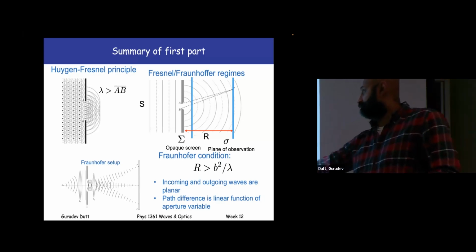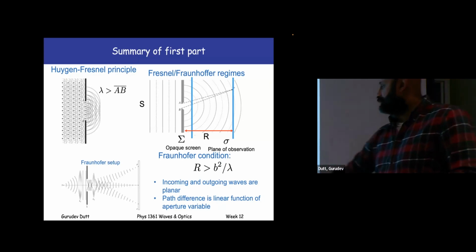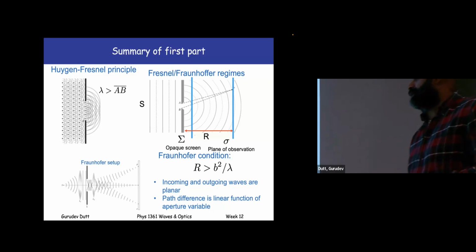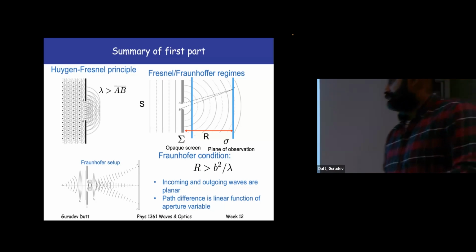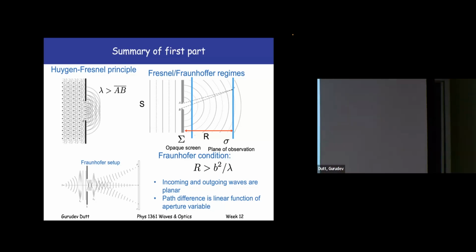We derived the condition that the distance to the screen has to be greater than b squared over lambda for Fraunhofer diffraction.